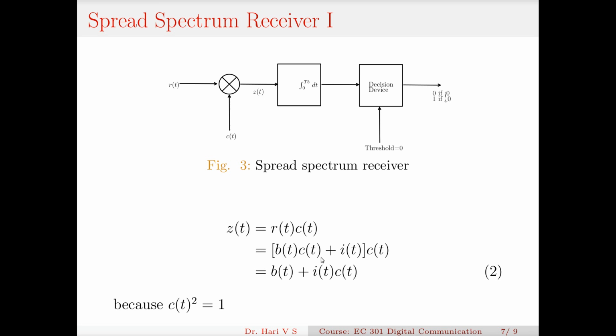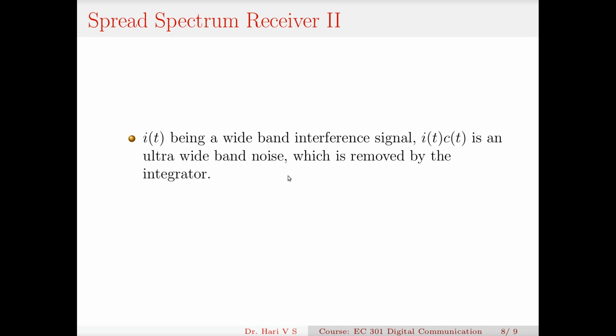Then there is a bad term here, i(t) times c(t). You know that i(t) is the interference signal thrown at me by my enemies. i(t) is already a very wideband noise, a jamming signal. Now when multiplied by this chip signal c(t), the PN sequence, it becomes an ultra wideband noise.